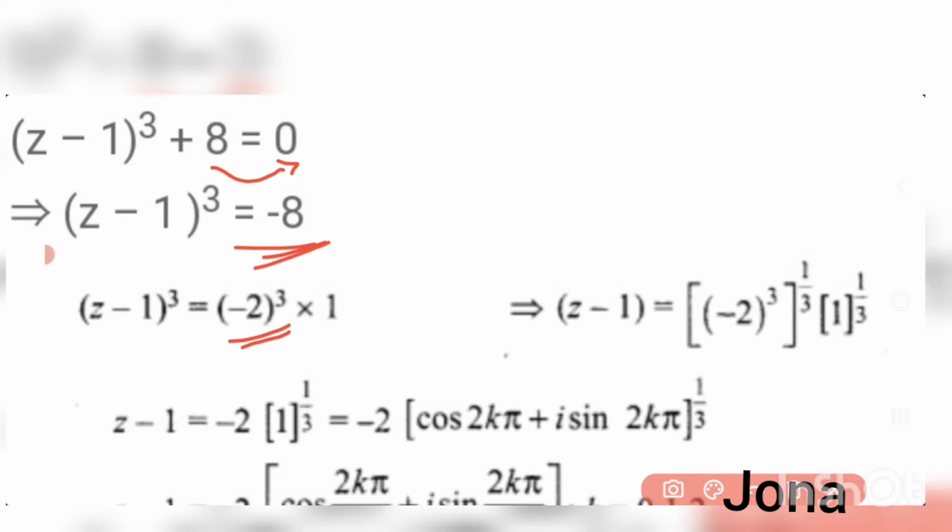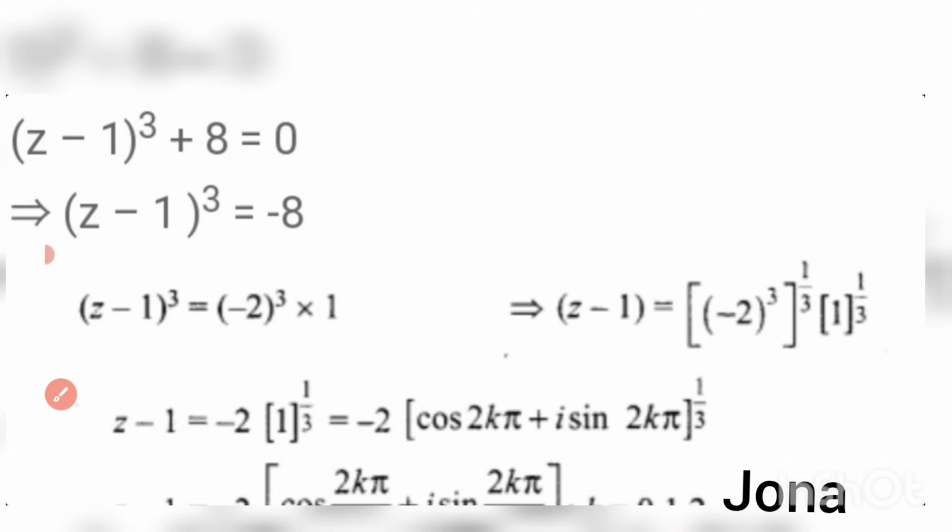And this can be written as (minus 2) the whole cube into 1, since nothing will change if you multiply by 1. So now I got the equation (z minus 1) the whole cube equal to (minus 2) the whole cube into 1.